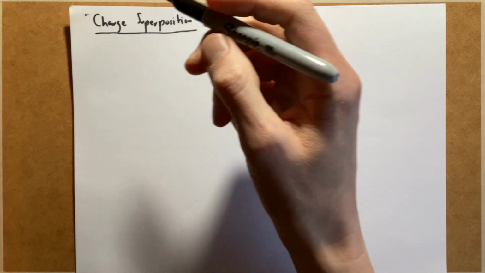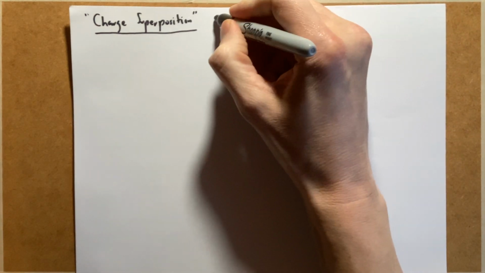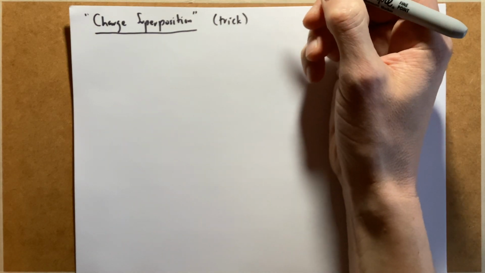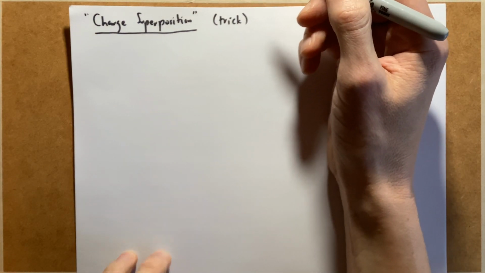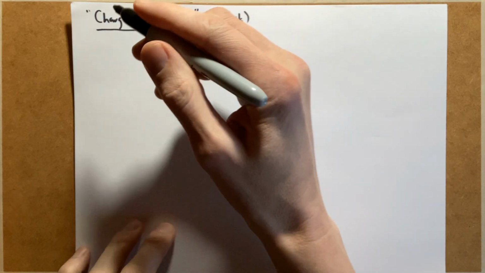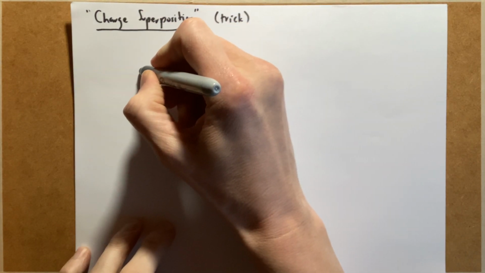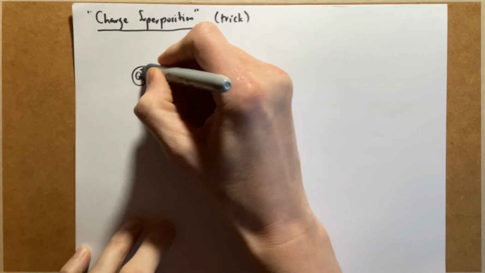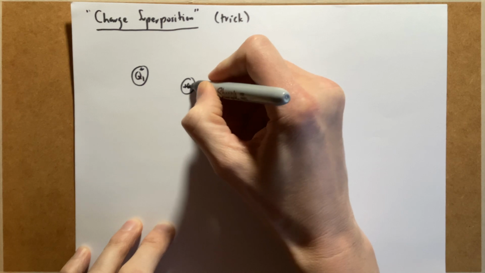So this is basically a really handy trick that you can use to do some problems. Let me explain how it works by leading up to what it's based on. In homework 1, we had a couple different charges, let's say plus Q1 and plus Q2.